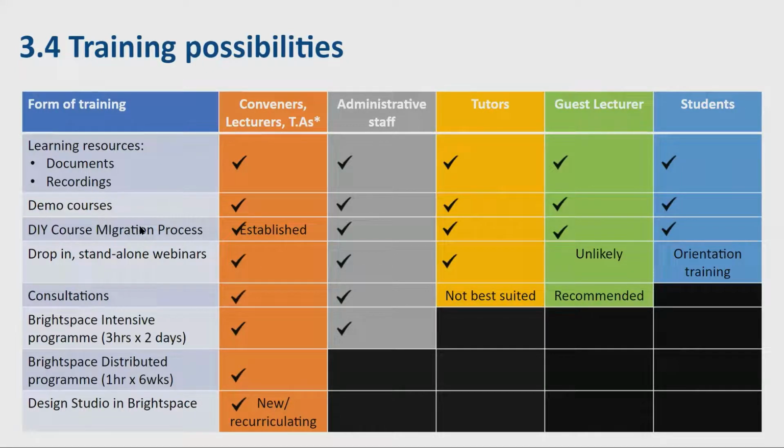One, that this kind of DIY process of training yourself at your own pace is likely to be more useful for courses that are incredibly well established and folks who are very digitally literate and very comfortable with exploring those kinds of things on their own.